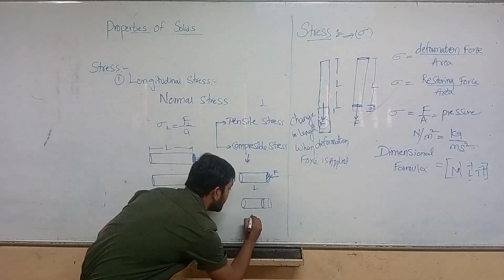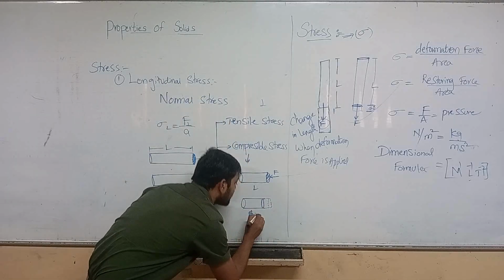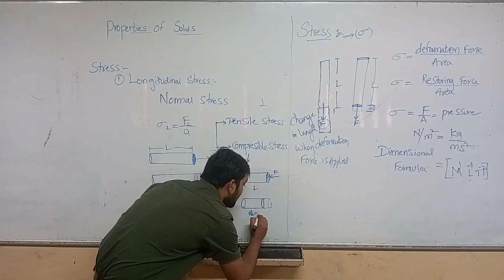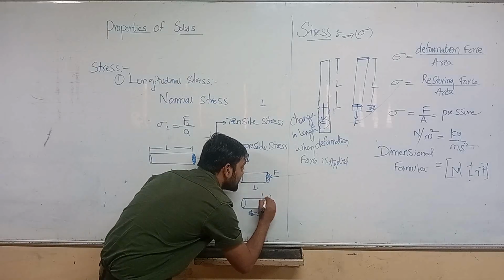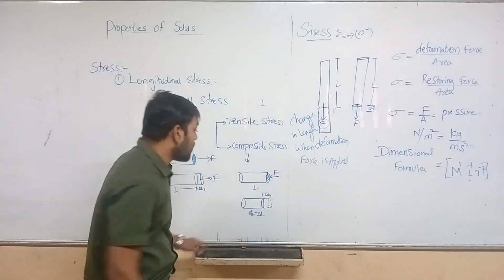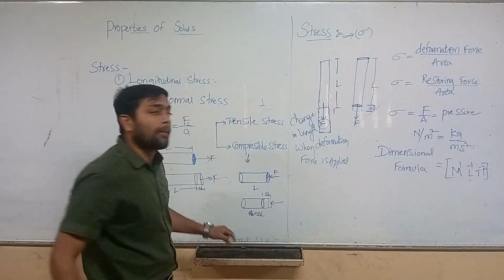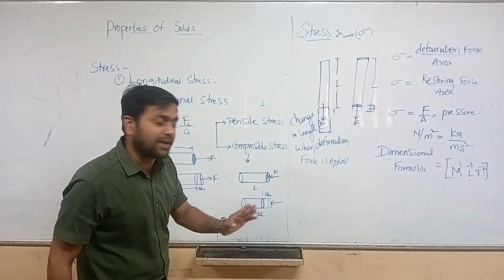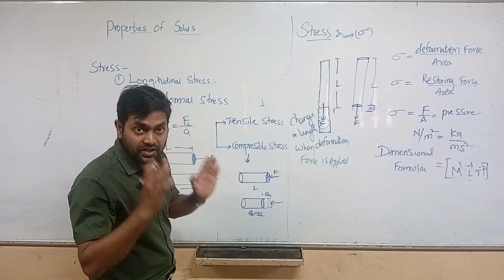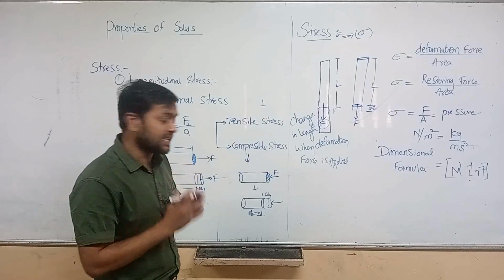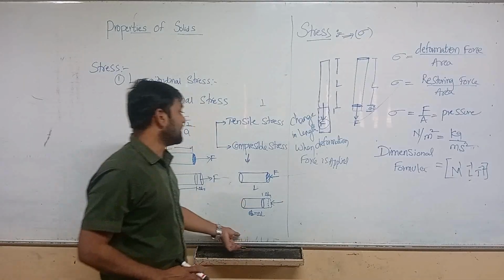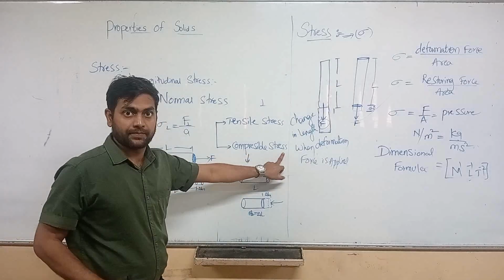Right. So at first it was L, right? Then it becomes L minus delta L, where delta L is the change in the length. When the force is applied perpendicular to the area and the length of the rod decreases, then we can say that is compressible stress.